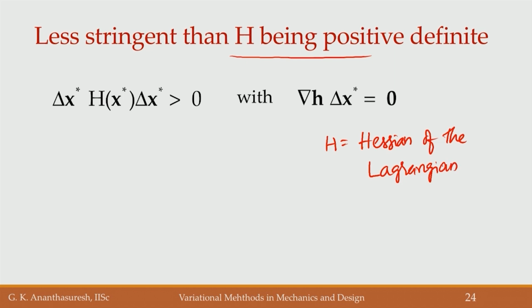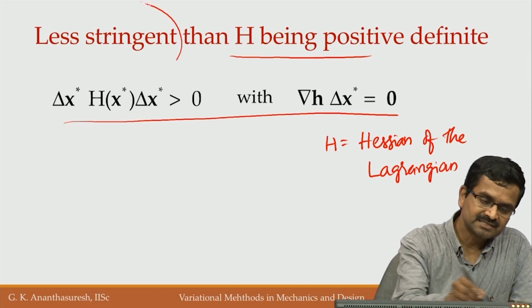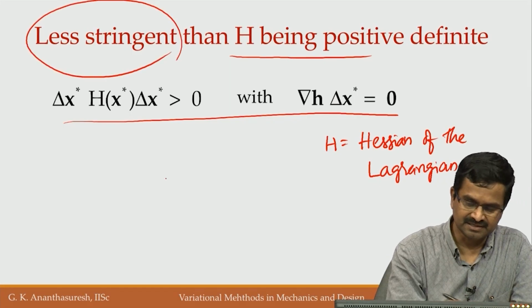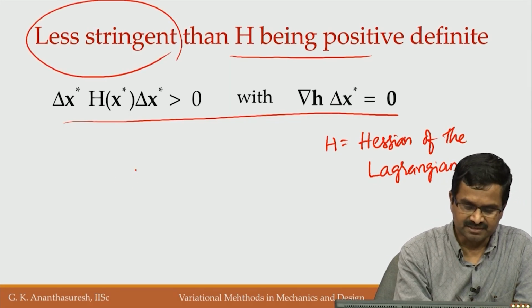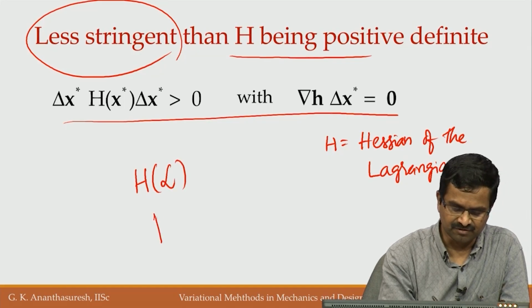That being positive definite is whatever we are saying along with this constraint, that is, for those perturbations that satisfy the equality constraints, first order term being equal to 0, and active inequalities. This is less stringent than asking generally for this Hessian of the Lagrangian to be positive definite.